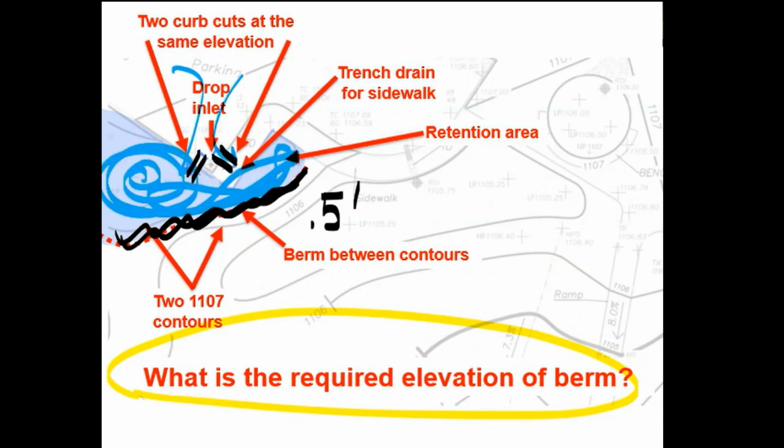And once the system is filled up, these curb cuts become blocked off, and the rest of the water has to go to the drain. And that water is the cleaner water that comes later in the storm, and it's released downstream.